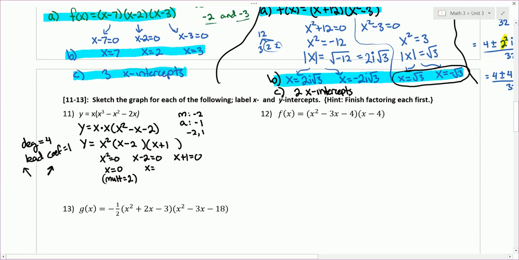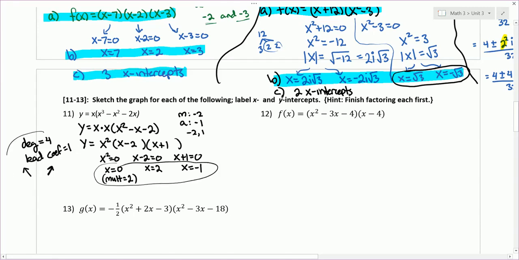Next one we get x is 2 with a multiplicity of 1, and then we get x equals negative 1 with a multiplicity of 1. And then so we have our x-intercepts ready to go.